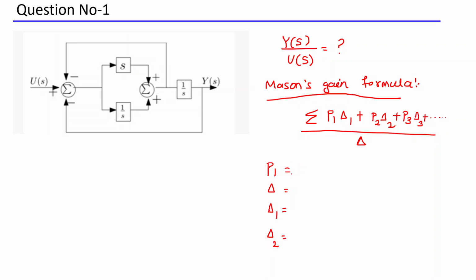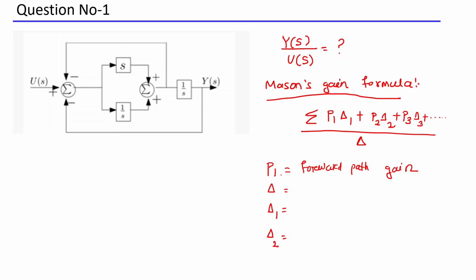Remember, P1 is the forward path gain. Just listen, I'll solve this question in one line, but please bear with me for this method. P1 is the forward path gain. What is delta?